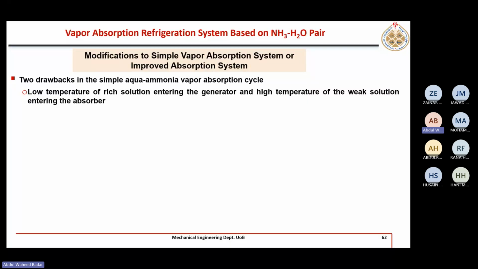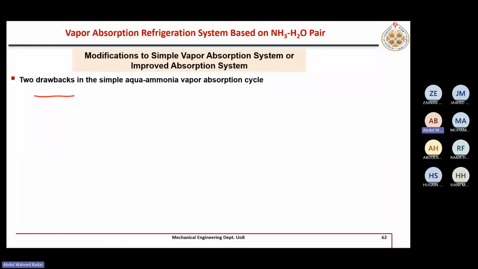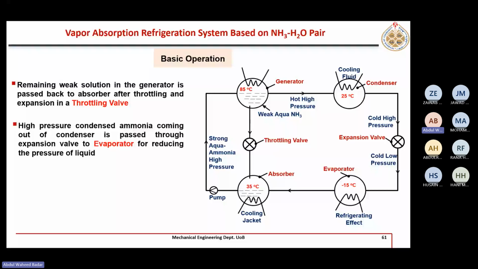But there are two major drawbacks in these systems. The first one is the same as we had in the water lithium bromide system, because this weak solution coming back from the generator is at high temperature, for example 85. So high temperature solution is entering the absorber, and here we want low temperature.